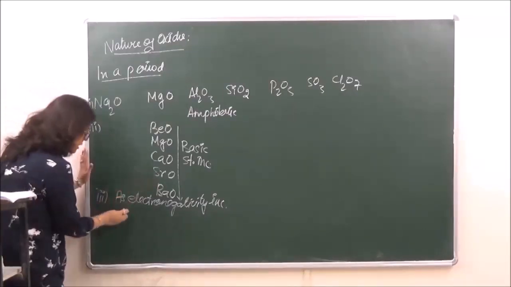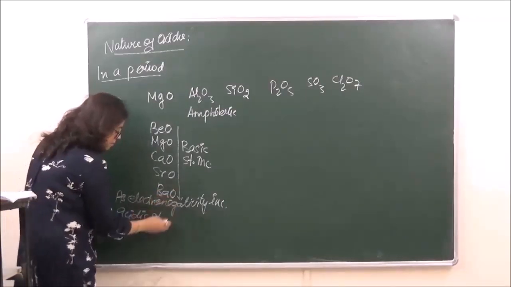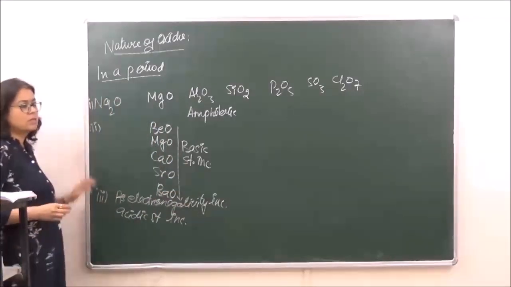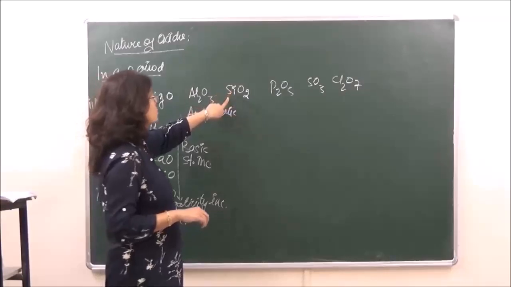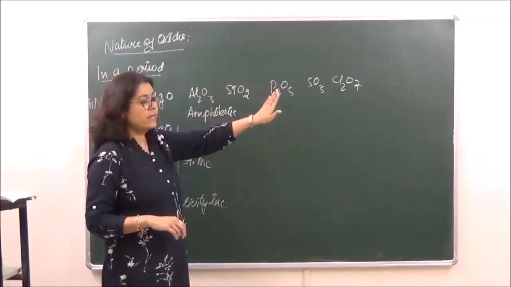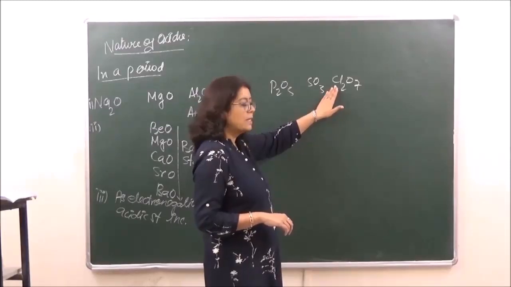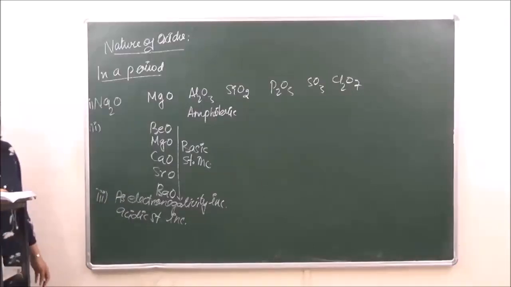The acidic strength of oxides increases. Right? That you can see over here also. Silicon onwards, when we are talking of the electronegative character over here, chlorine is going to be the most electronegative amongst all. And therefore, the oxide of chlorine is going to be most acidic.